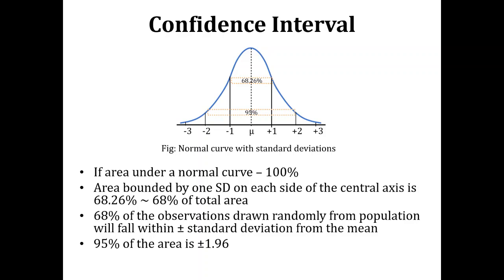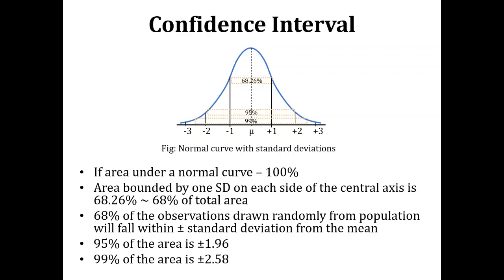And if we want to further expand our interval, if we want to increase the confidence interval and include 99% of the area, that is, we require that our confidence interval should cover 99% of the area, then for that purpose we need to expand our limits to plus minus 2.58, right? So if we draw our limit at plus minus 2.58 of the central axis, this is going to cover 99% of the area of the curve, right?